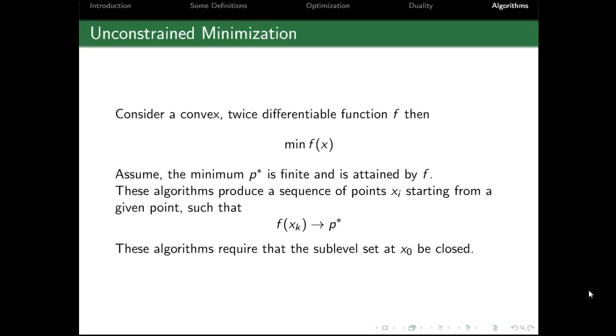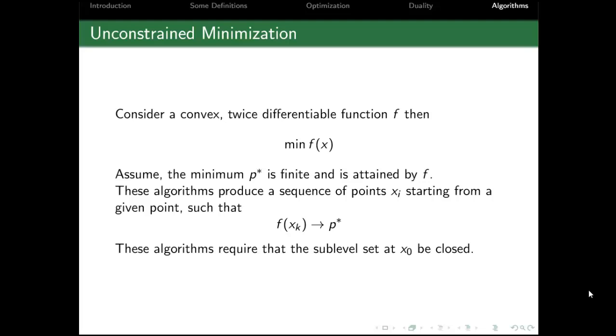These algorithms require one condition, that the sub-level set should be closed. What this means is, when I start from x0 and go to some other point, at each step I'm trying to reduce the value of f. So from x0 I go to x1, where f of x1 is less than f of x0.